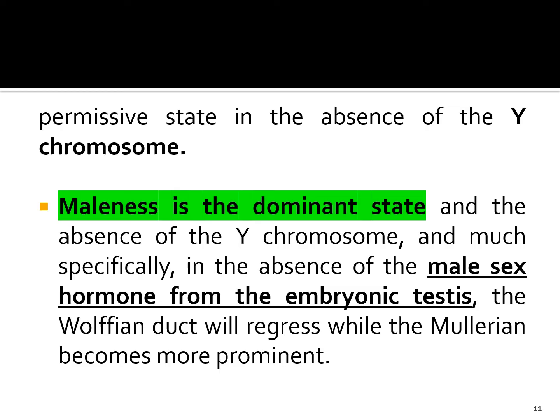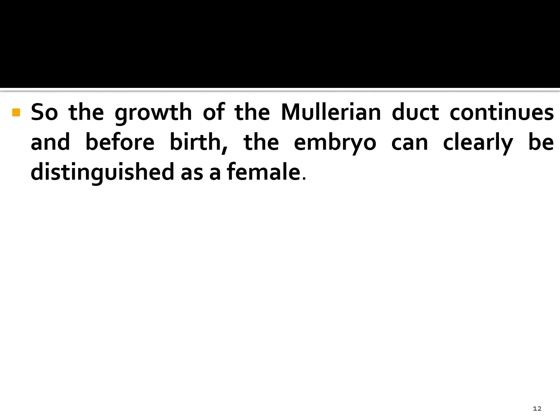It is only the absence of the Y chromosome, and specifically the absence of the male sex hormone from the embryonic testis, that will cause the Mullerian duct to become more prominent, while the Wolffian duct will regress. So the growth of the Mullerian duct will continue when the Wolffian duct regresses, and then the embryo can, at this stage, be clearly distinguished as a female.